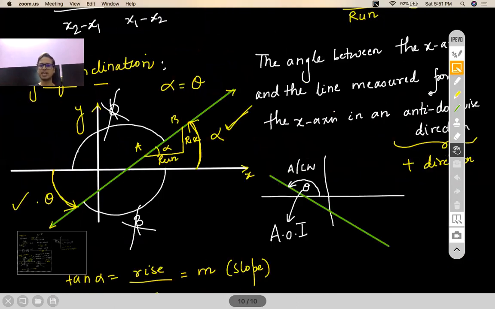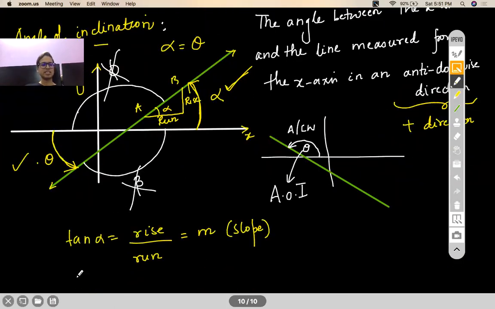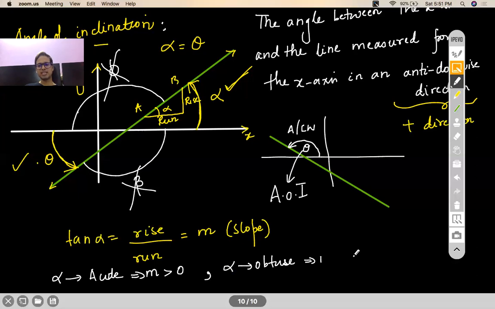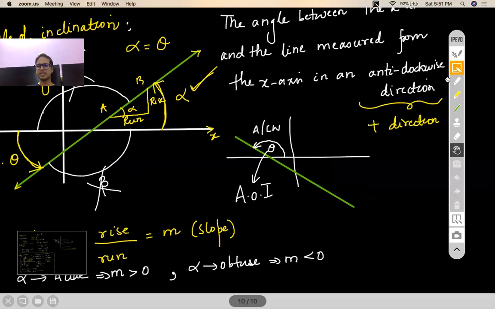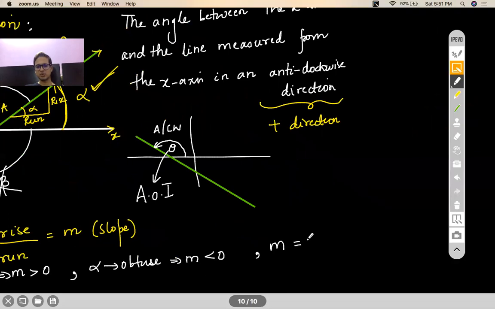Okay. So if the angle of inclination is acute, then remember the line will have a positive slope. If the angle of inclination is obtuse, then your line will have a negative slope. If your angle of inclination is 0, that means your line is parallel to the x-axis, and of course M will also be 0.